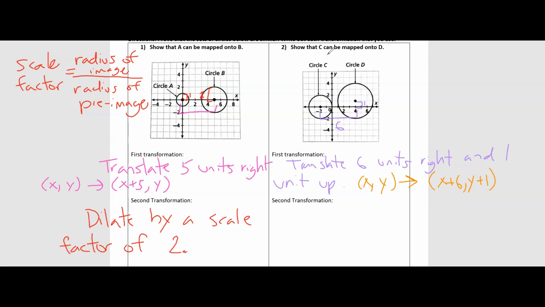Second transformation, the dilation. Well, again, we're going to compare the radii. So radius of the image over radius of the pre-image.